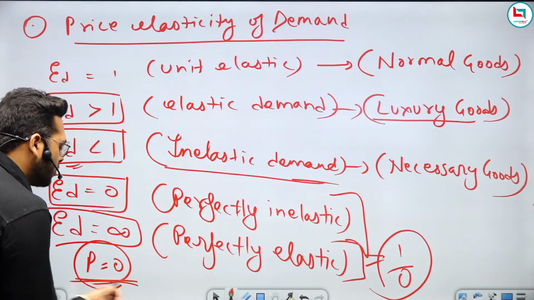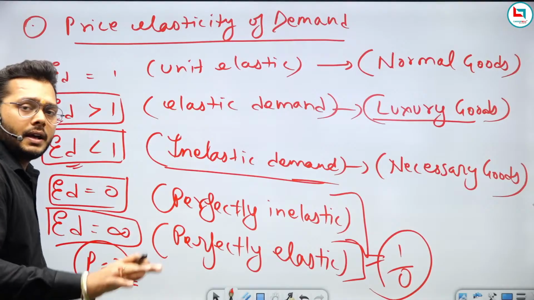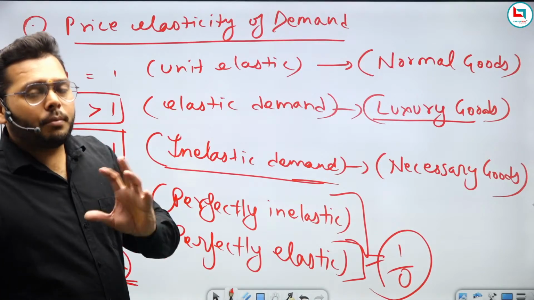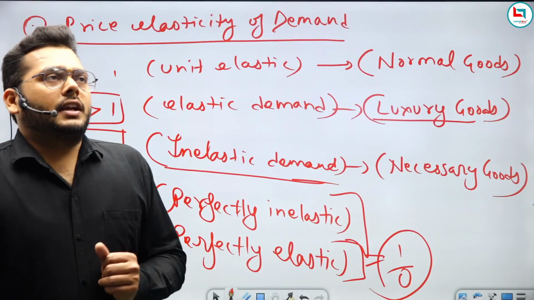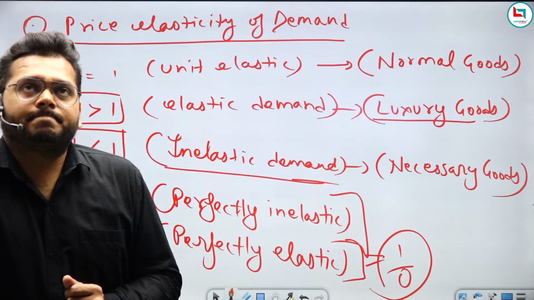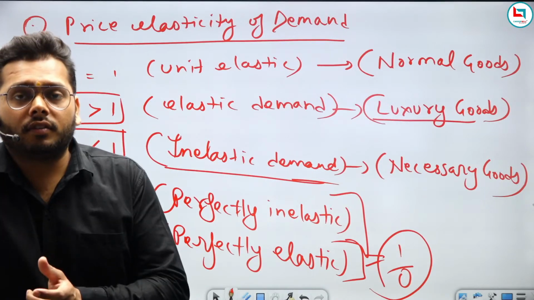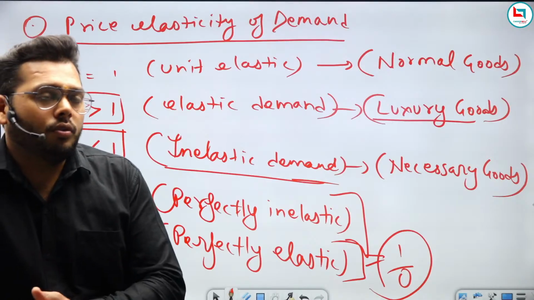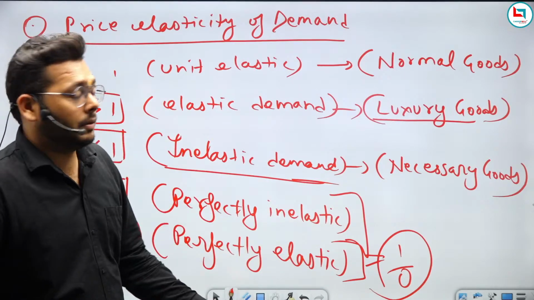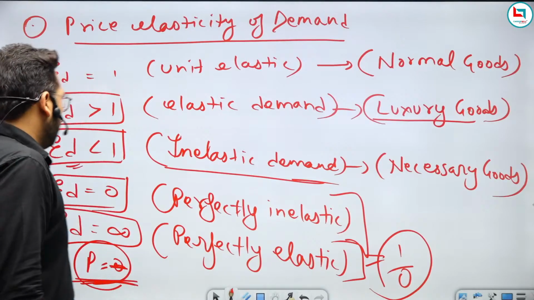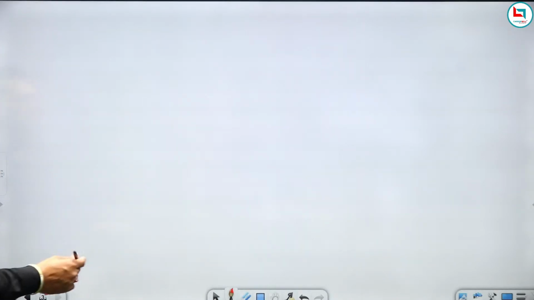So a question might be asked: what curve will show at the time of perfectly elastic demand? This type of question may be asked.